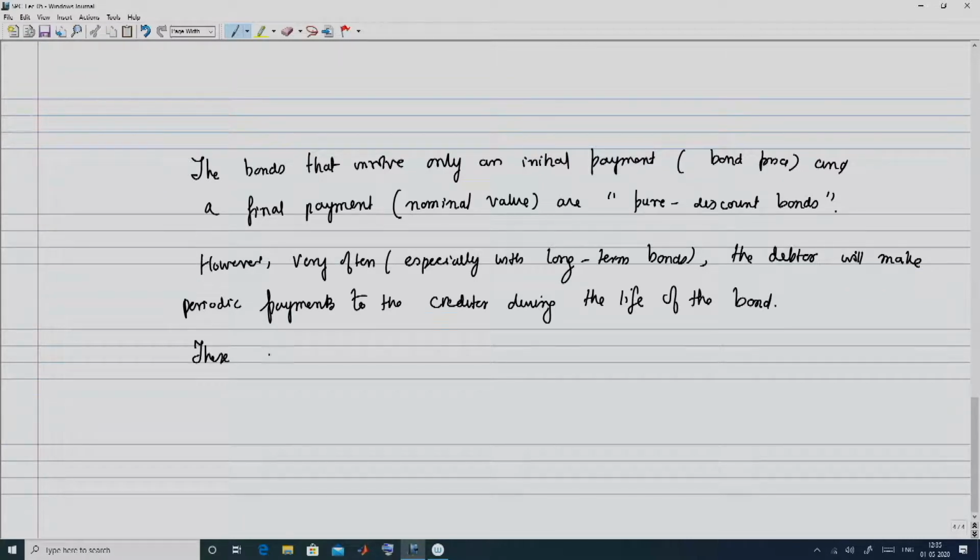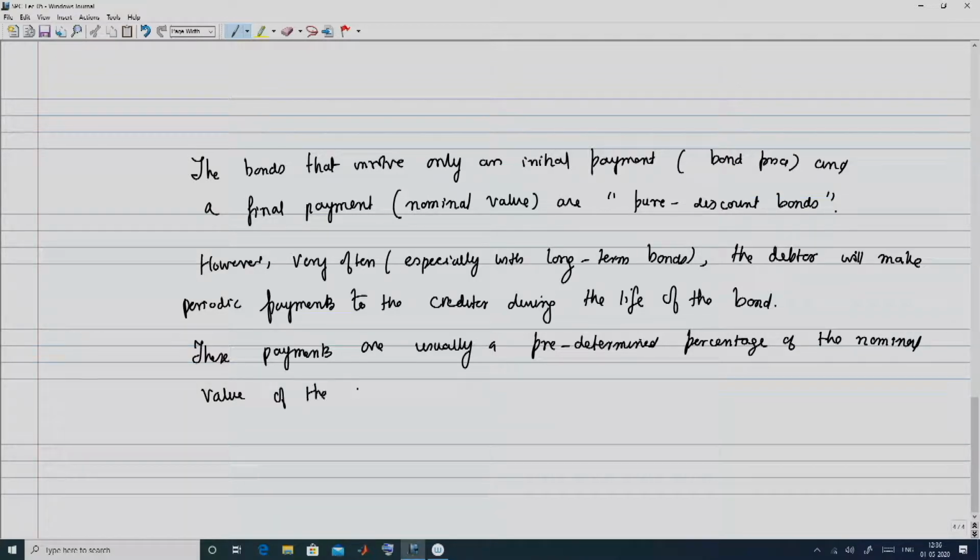Now, these payments, how are these payments calculated? So, these payments are usually a predetermined percentage of the nominal value of the bond and are called coupons.